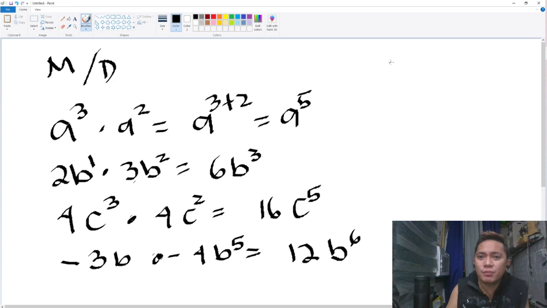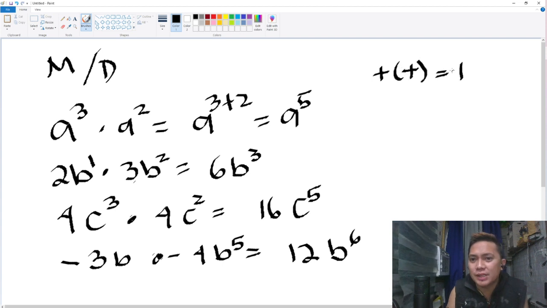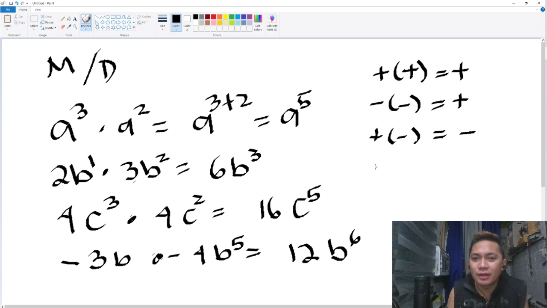Okay, so remember, when you multiply positive times positive, it will become positive. While, another, negative multiplied by negative, it will become also a positive answer. Okay, while the positive multiplied to the negative sign, the answer must be negative. Another, vice versa, negative multiplied by positive is equal to negative. So the product is negative.